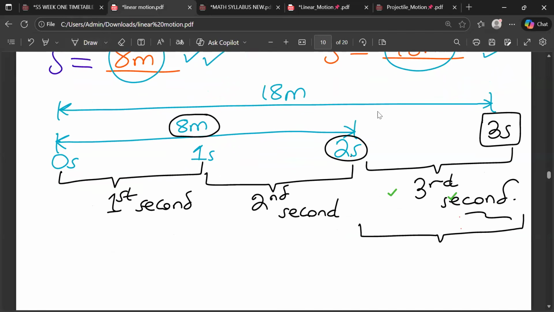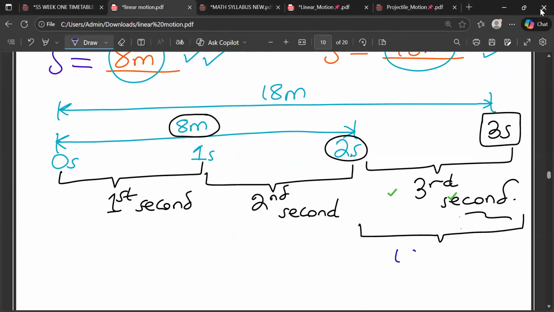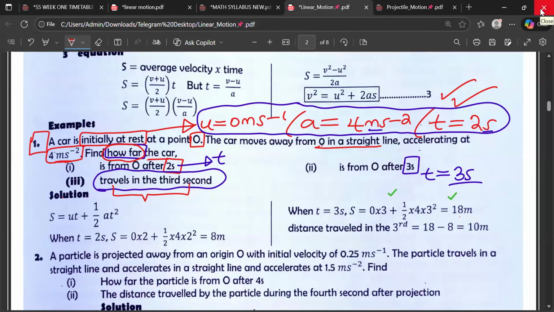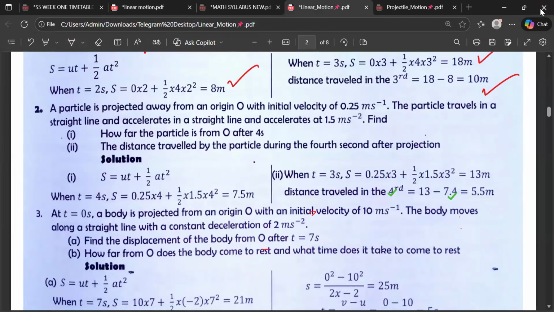From 0 to 2 it is 8 meters. Then what of in the third second? What is the answer? 10. That is it. Just say 18 minus 8 and get your answer as 10 in meters. So you learn those things of third second, fourth second, fifth second. There is a tendency of bringing those things. So you can see we have passed. Provided you substitute well and everything becomes very easy.